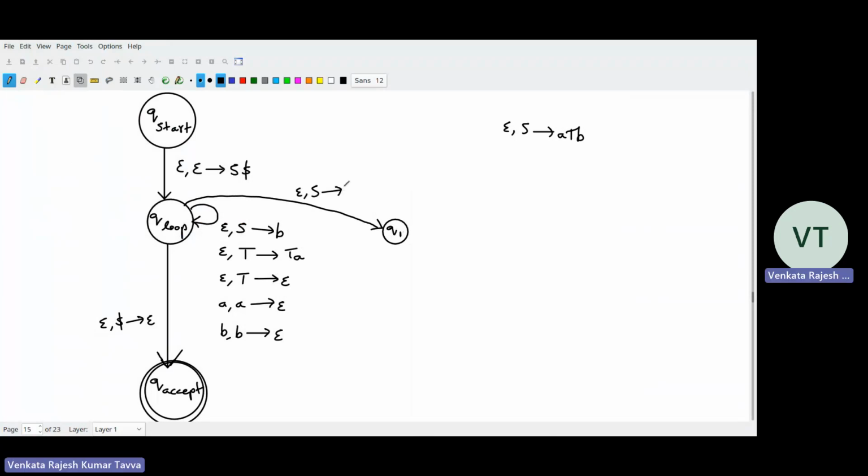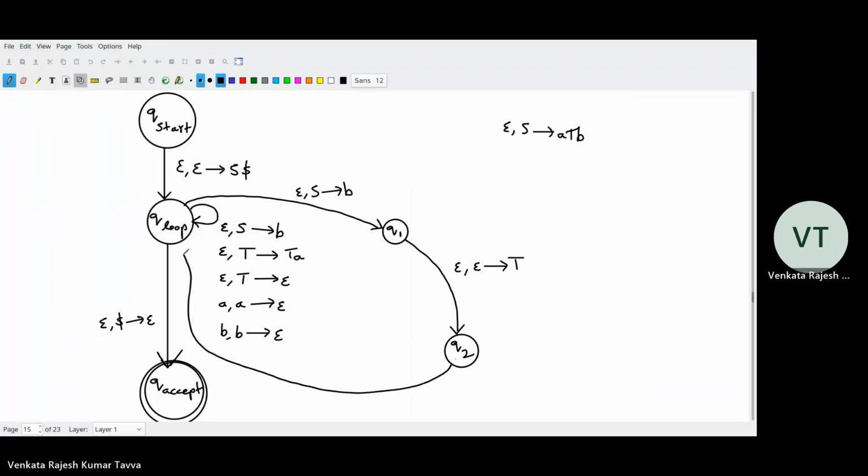Epsilon S goes to B. And then, in the second step, I'm not reading anything. I'm not popping anything. I'm only pushing the next symbol. And here epsilon goes to A. So I'm just pushing the third symbol.